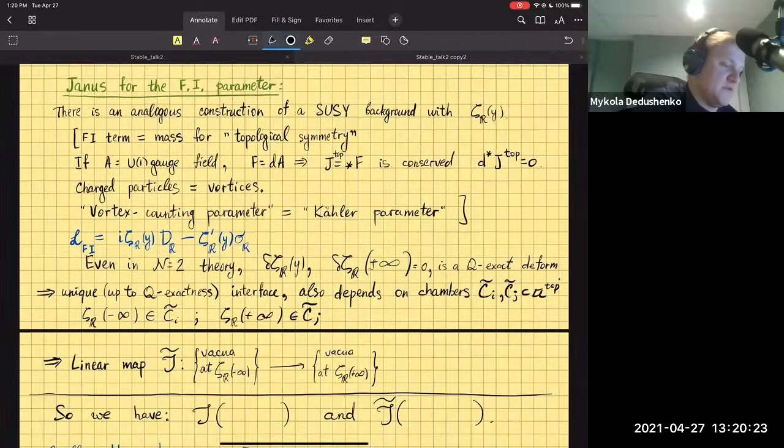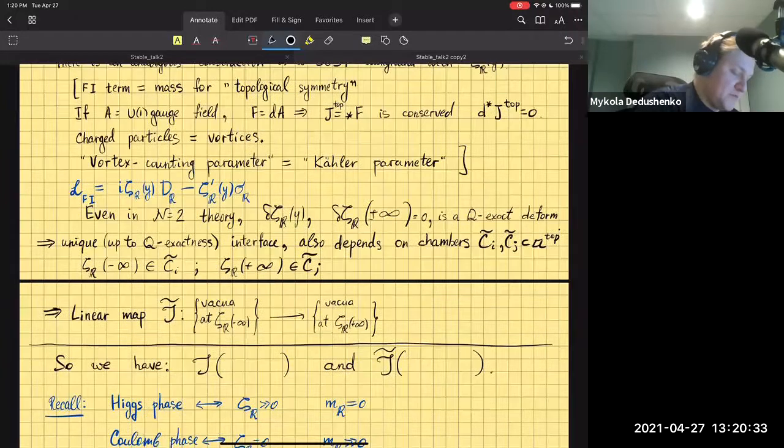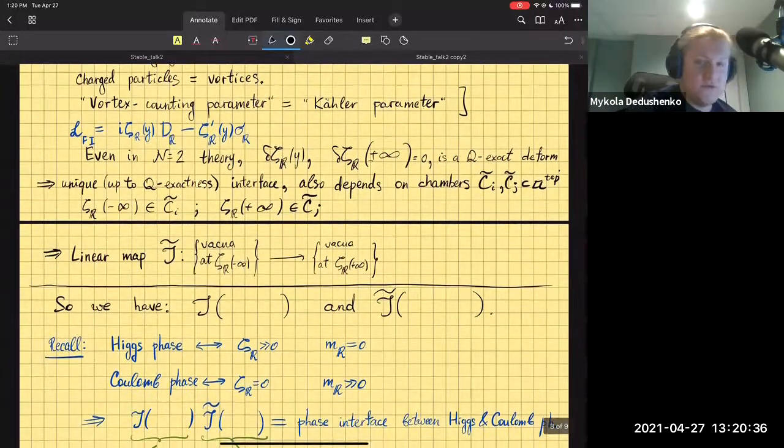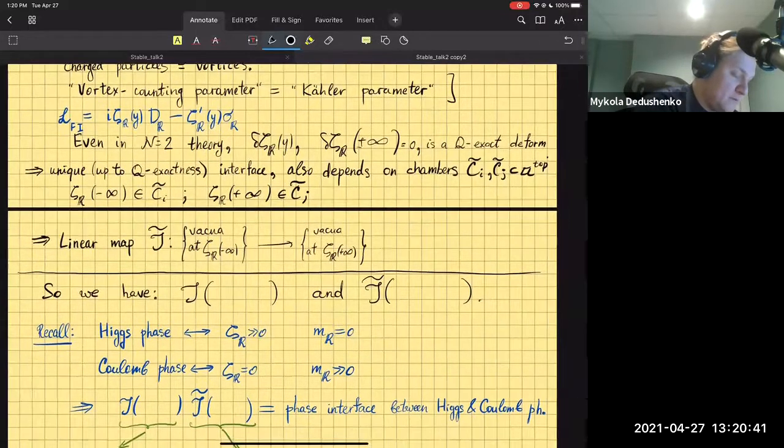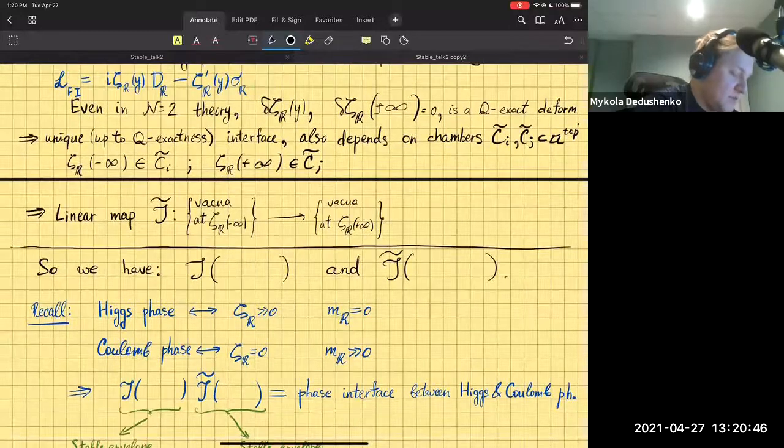It gives rise to another Janus interface, which can also be thought of as a linear map between vacua at different values of the phi parameter. So in the end of the day, we have two such maps. One is the one that interpolates between masses, I'll call it J. And the other one interpolates between the phi parameters.